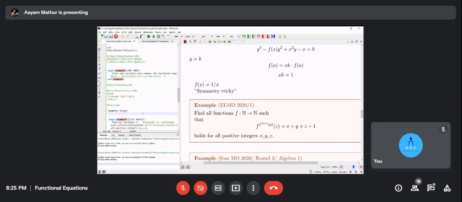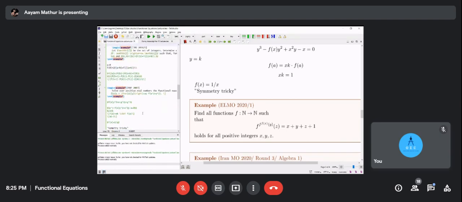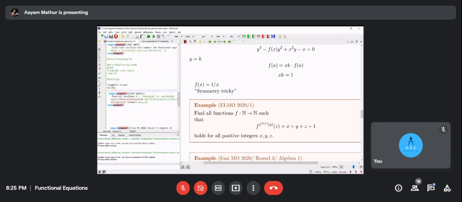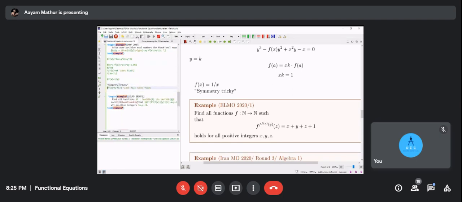If it had said f of z to the k, then that would have meant f of z multiplied k times. This is just the regular part, right?